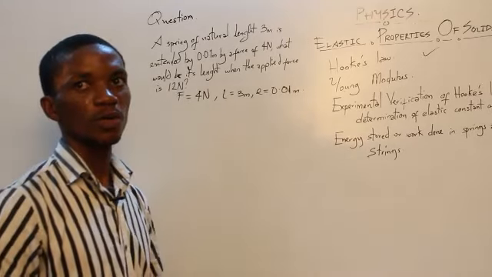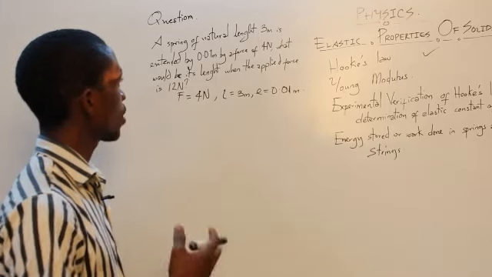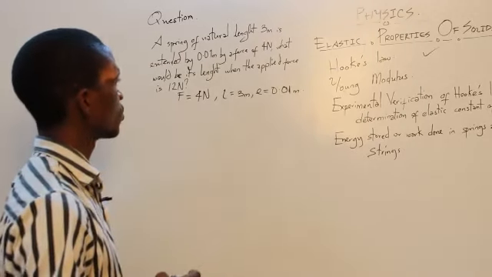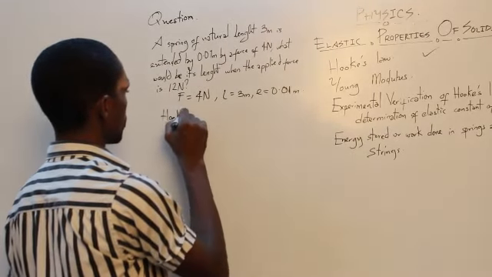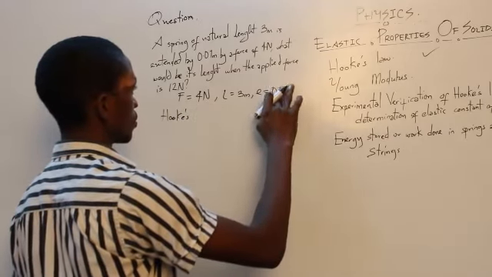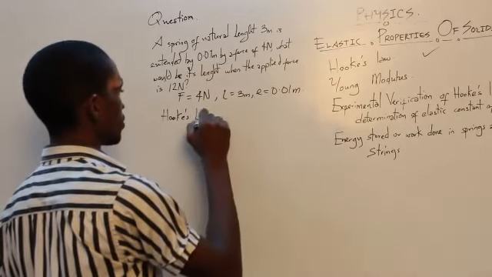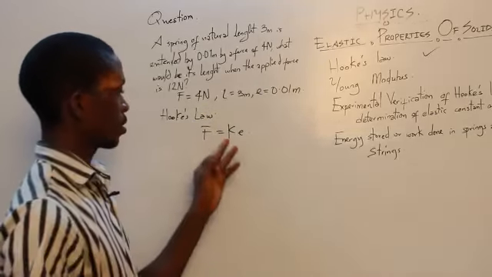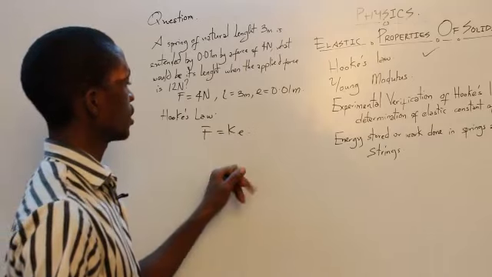Now let's ignore this first part. From this expression we have on the board, we can go ahead and calculate the relationship between the force and the extension. Considering our Hooke's law, which states that F equals KE, where K is our spring constant, we need to calculate what our spring constant is.